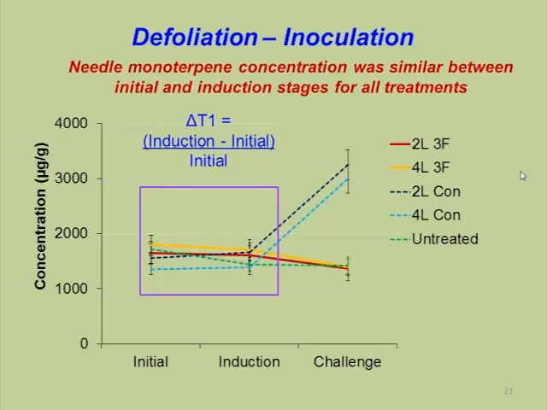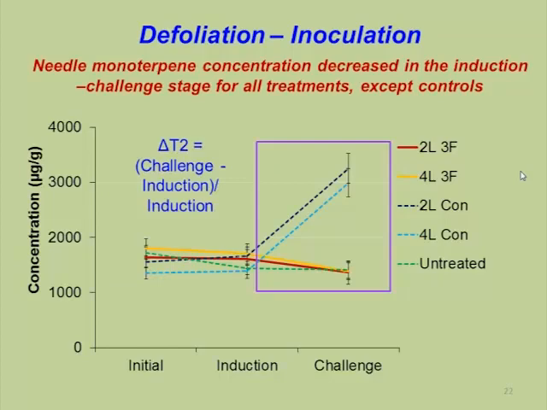I just want to show why we focus on the monoterpenes. Monoterpenes are important in the biology of mountain pine beetle, and actually in the biology of jack pine budworm too. That's why we focus on them here. When we look at the initial change, we didn't find any real difference here. Monoterpenes were very similar between the initial and induction stages.